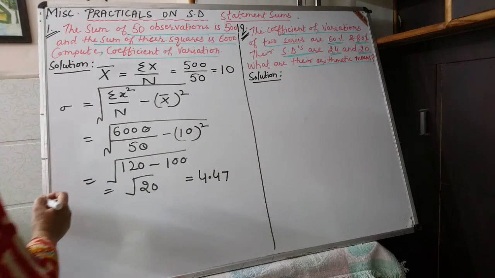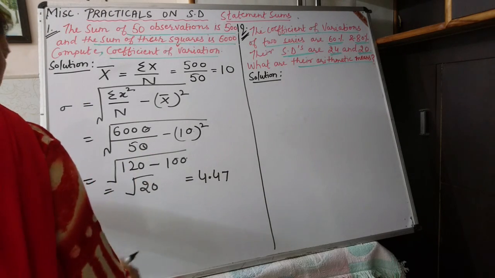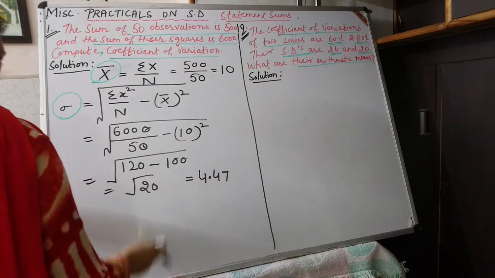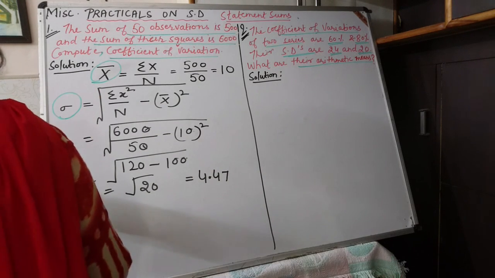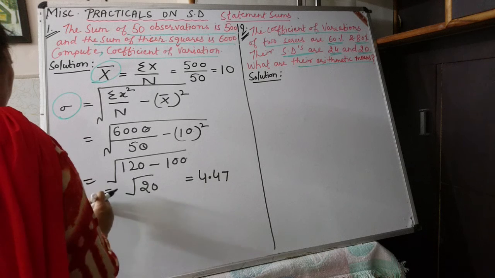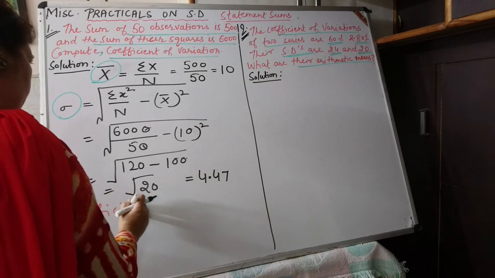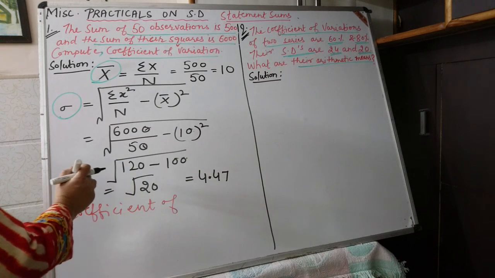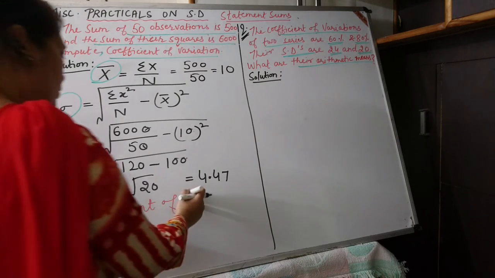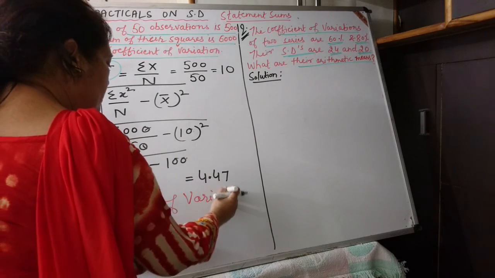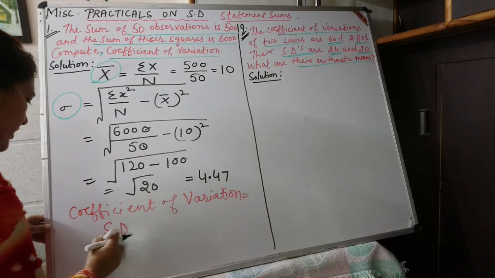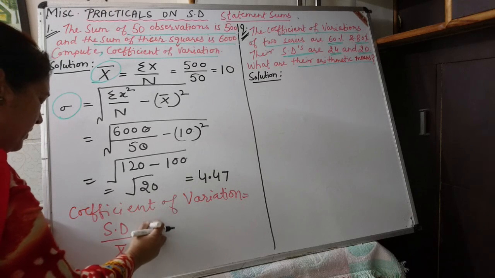This is the calculation of standard deviation, because for the calculation of coefficient of variation both the arithmetic mean and the standard deviation are required. So the coefficient of variation is equal to standard deviation divided by arithmetic mean multiplied by 100.